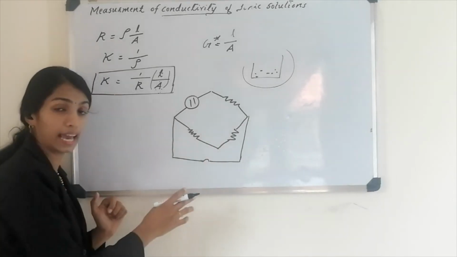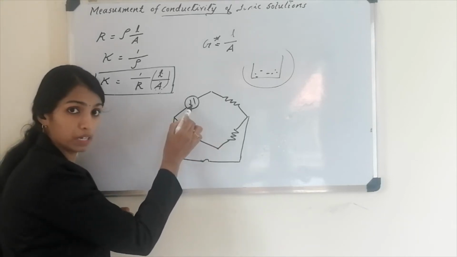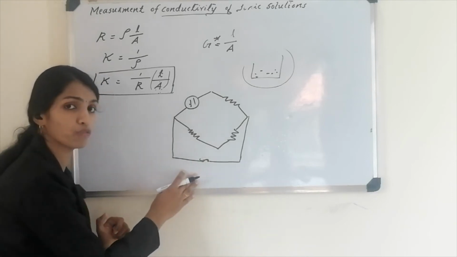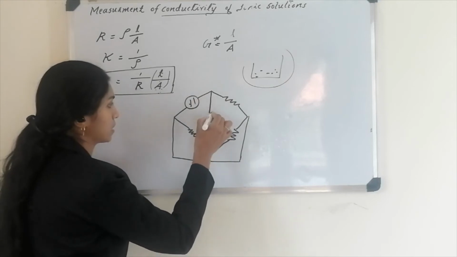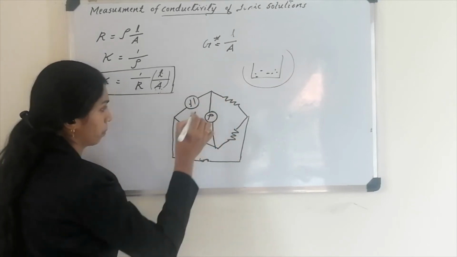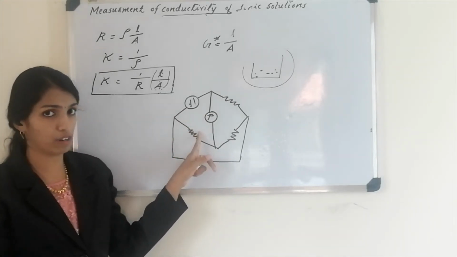We cannot use direct current here because if we use direct current, some chemical changes may happen in this solution. So this oscillator is a source of AC current. Okay, then between these two terminals, we are connecting a detector. This may be either an earphone or any other electronic device.